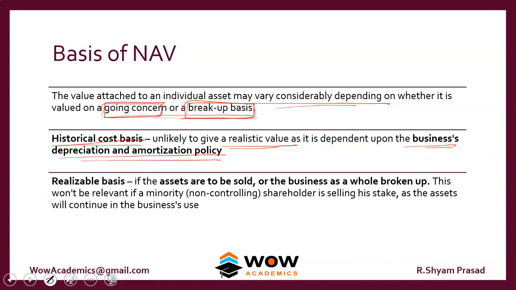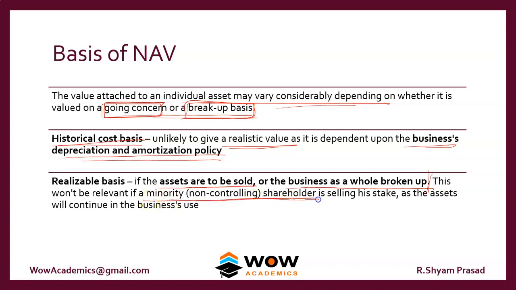So we'll move on to the next method, called the realizable basis. In this method, the assumption is that the assets are going to be sold, either the business as a whole or broken up and each asset sold on an individual basis. But this is not a good method to value a minority or non-controlling shareholder, because he cannot sell the assets on an individual basis on his own.